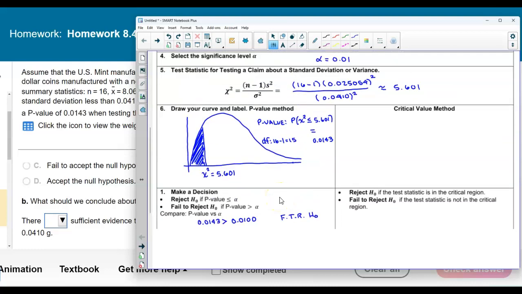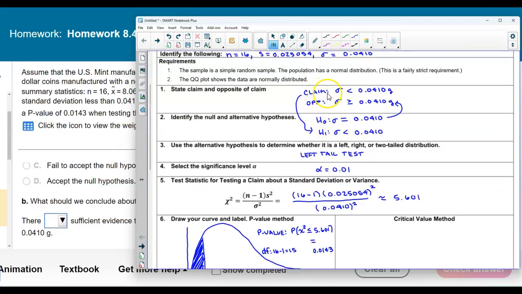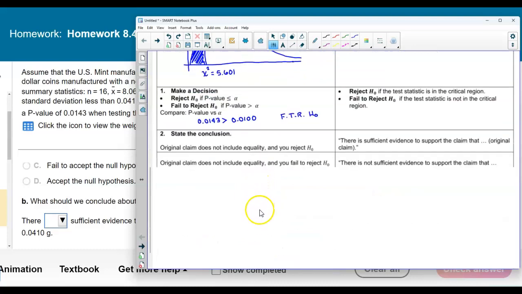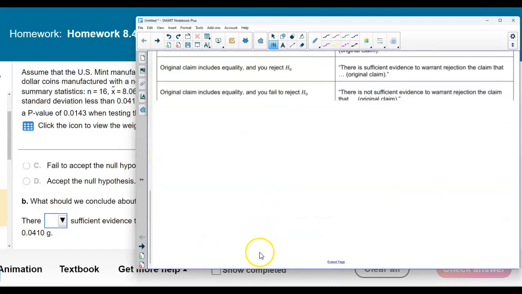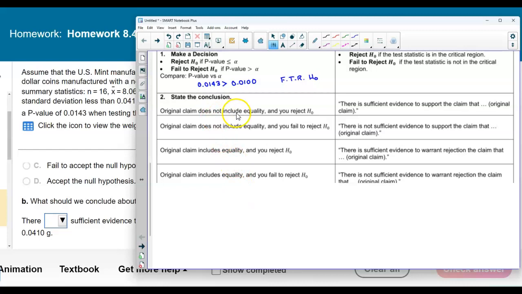Okay, now with the conclusion, we need to come back and look at the original claim. The original claim includes a less than sign, so we do not have an equality. So we have 4 options. The original claim does not include equality for the first 2 options. The original claim includes equality for the last 2 options. Well, it does not include equality, so we're not going to use those 2.